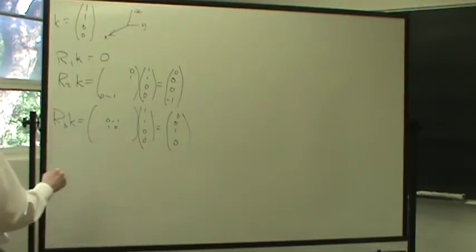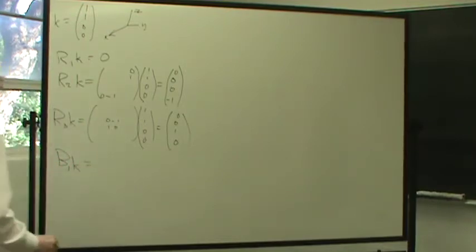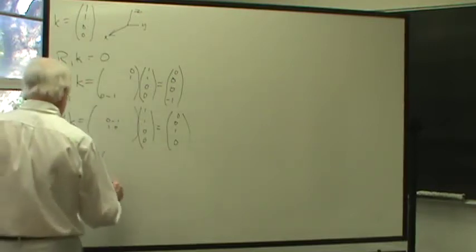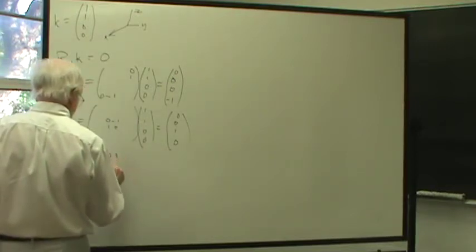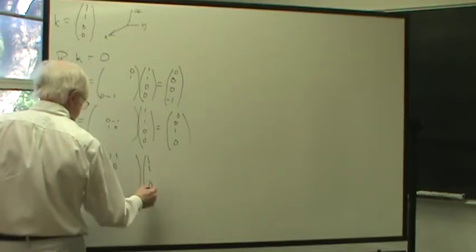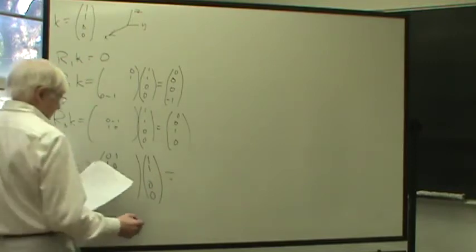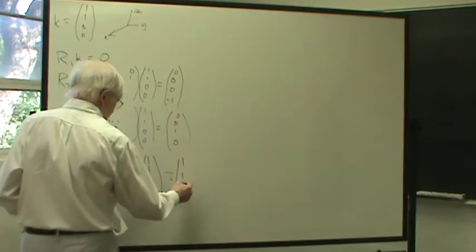Now, what about B's? Well, B1 on K, turns out this is just K, because this is 0, 1, 1, 0, acting on 1, 1, 0, 0, and this is just 1, 1, 0, 0.